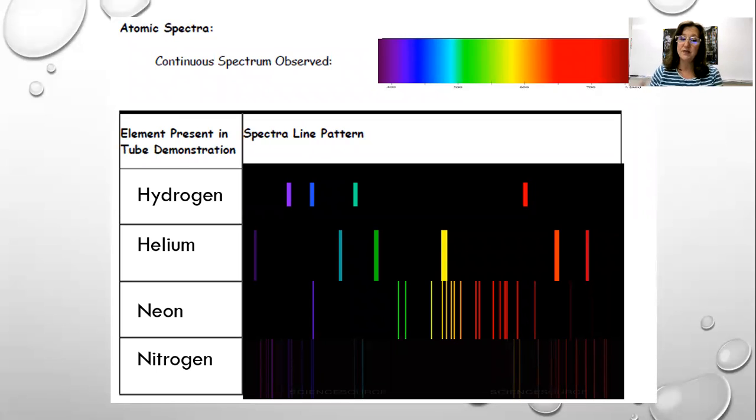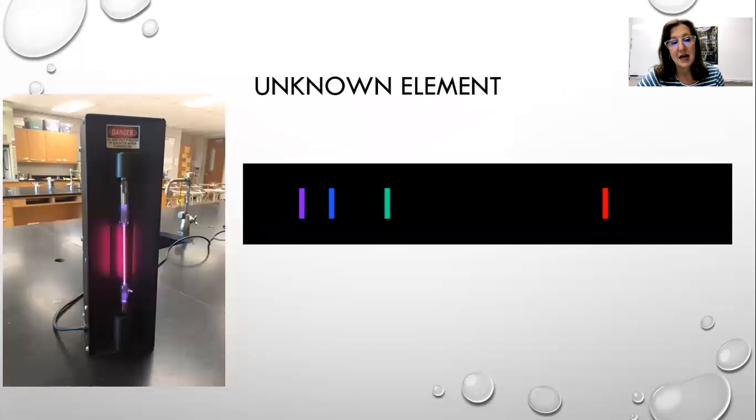And then what I would have done is I would have very sneakily picked one of the tubes out to put back in without telling the students, and they would look at it. Here's the one I'm picking for us. They would look at the spectral tube and they would look through their spectral glasses at the pattern, and using their knowns, you would write in that spectral line pattern and what you believe to be this unknown element.